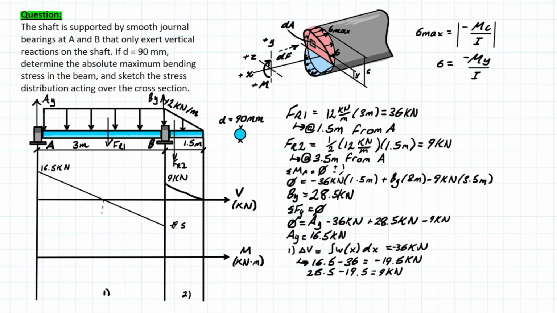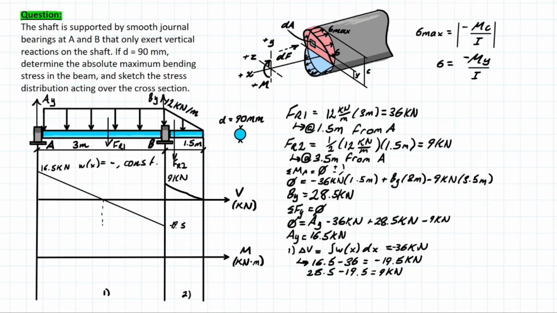And we know that the moment's going to be right about this point. Some things that we can point out right away is that we have a Wx at this point here across this entire distribution. It's acting downwards, so it's going to be negative, and the value is constant.